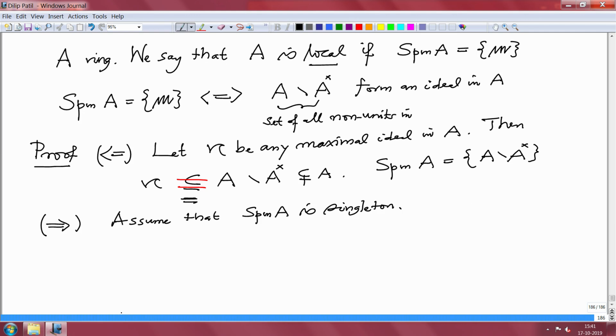And then what do you want to prove? I want to prove this is an ideal. Alright, this is an ideal and it is a non-unit ideal. No sorry, we want to show that it is an ideal.